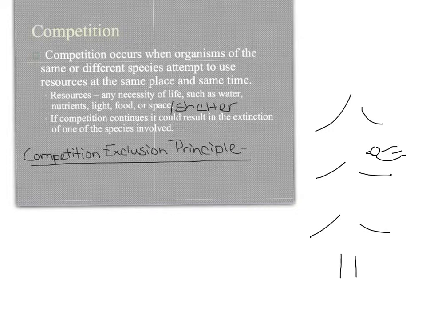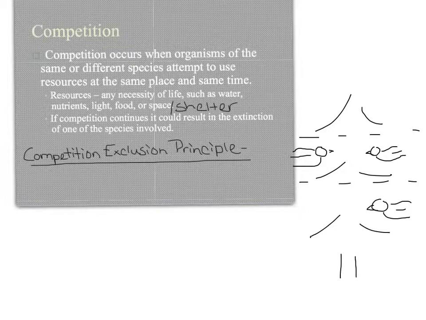If you had multiple ones of these and maybe they lived in different layers, that would be okay. However, if all of a sudden you have two living in the same kind of area competing for all of the same stuff, at some point it's not going to work because you can really only have one that's going to survive.